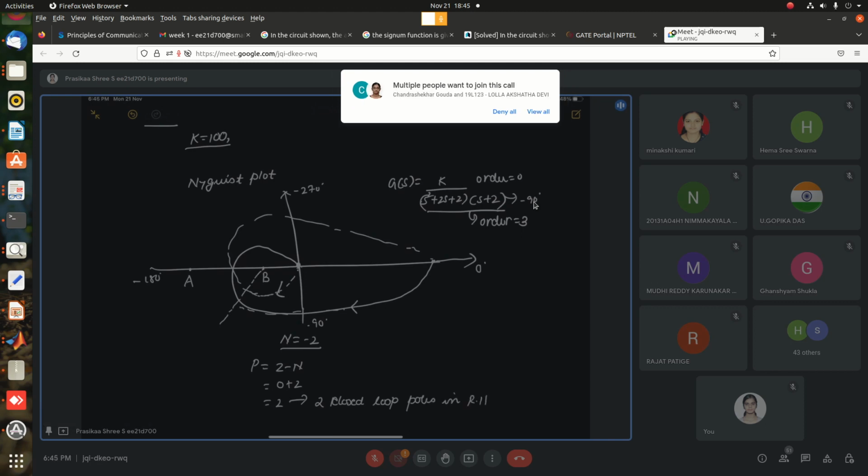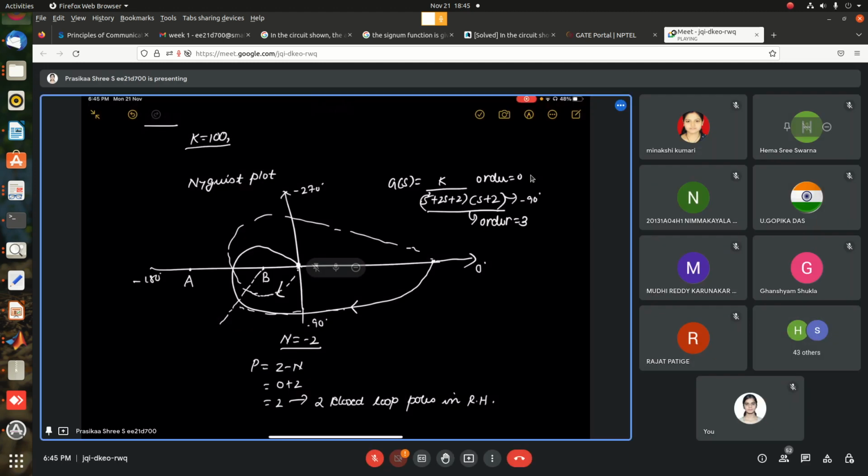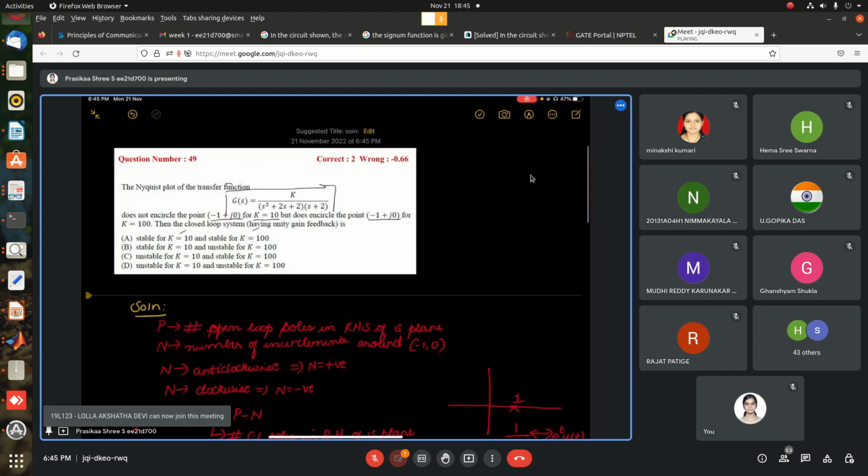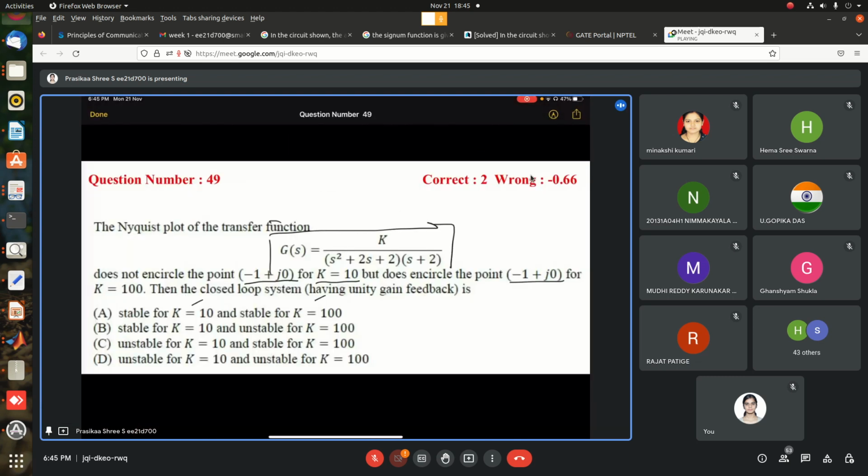We know that if there are 2 poles in the right half of S plane, then the system is definitely unstable. Right? So for k is equal to 100, the system is unstable, and for k is equal to 10, the system is stable. The option should be B.